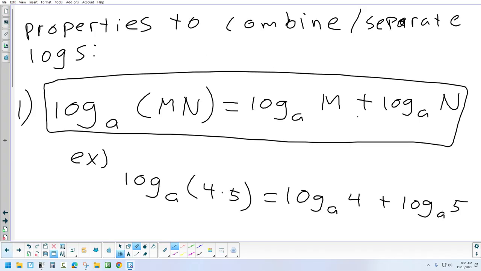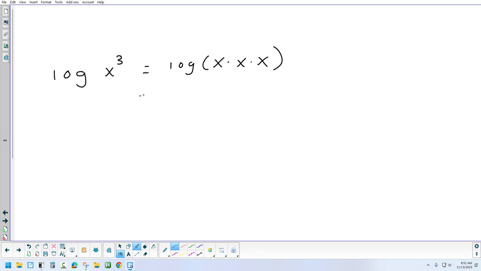Now, this property that we did, property 1, I had a product of two things inside the parenthesis. It would apply to a product of as many factors as you have. You can always split all your multiplication into separate additions. So we had two factors. It split into two things when we did the sum. I want to split this one up.